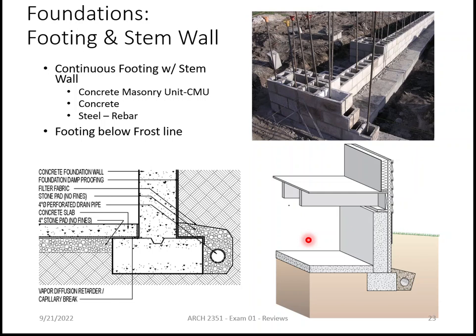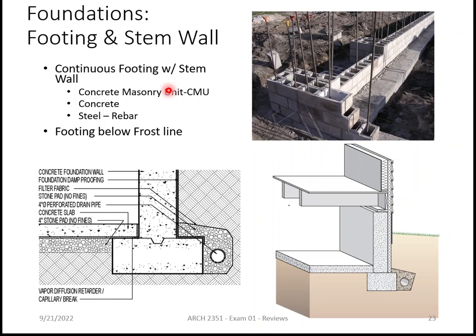The second type of foundation that's used in most light wood framing is footing with a stem wall. It looks something like this. There's a footing, and you can see there's some steel in there somewhere. And then there's a stem wall, which has some steel in it.